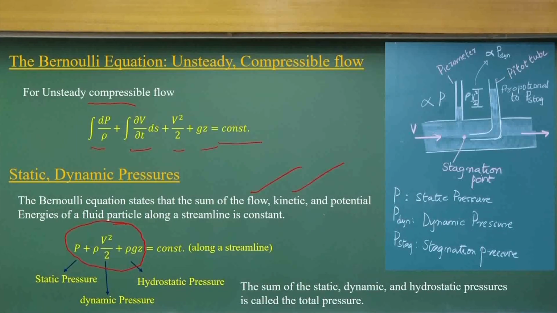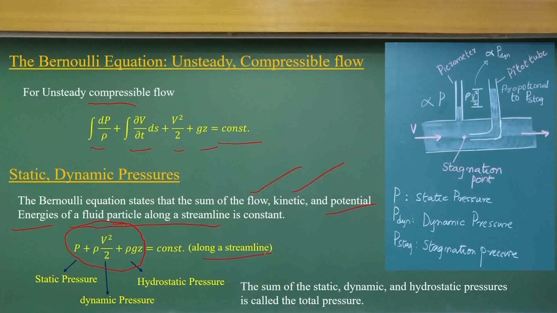So the three energies along a streamline sum to a constant. The sum of flow, kinetic and potential energy of a fluid particle along a streamline is constant. That is what we have written.